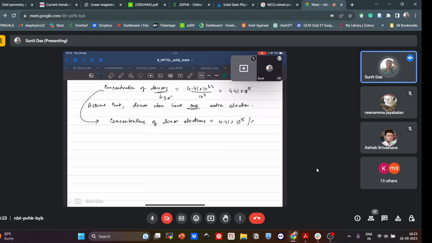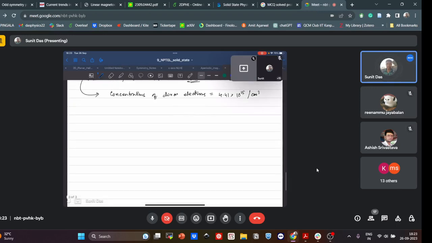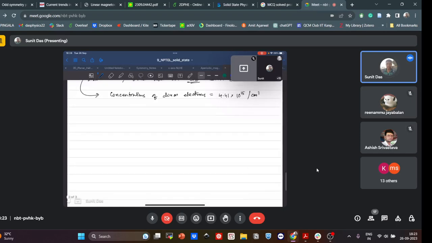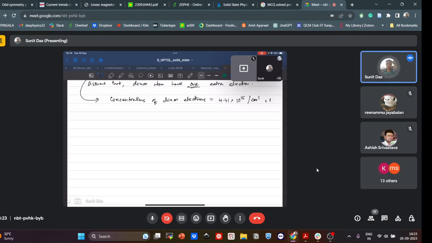So all are in semi-Q, right? So this we denote as Nd, concentration of donor electrons.